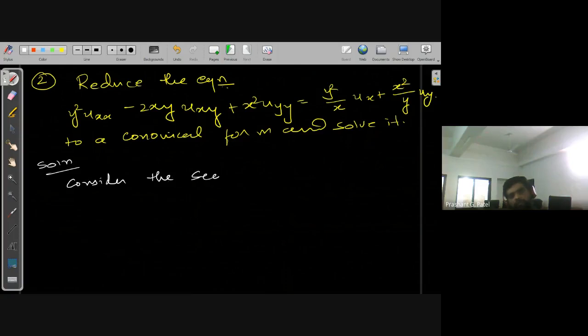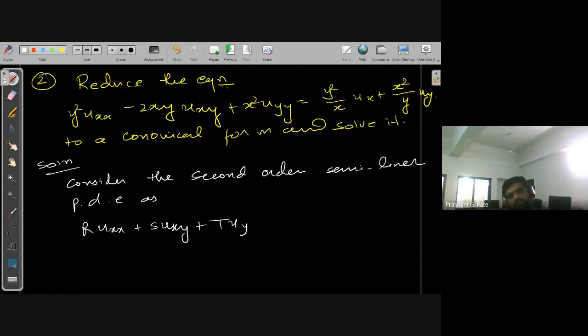the second order semi-linear PDE as R uxx plus S uxy plus T uyy plus some function g of x, y, u, ux, uy equal to 0.